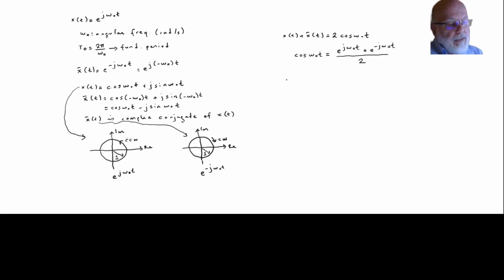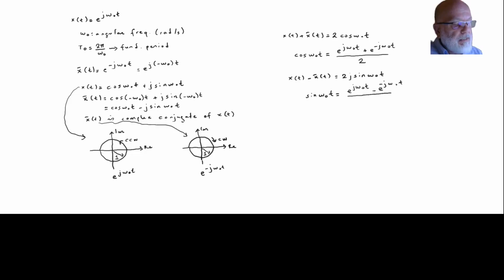Similarly, x of t minus x bar of t is 2j sine omega 0 t, which means that sine omega 0 t is also a superposition of e to j omega 0 t and e to minus j omega 0 t.